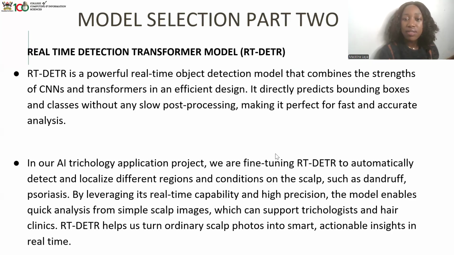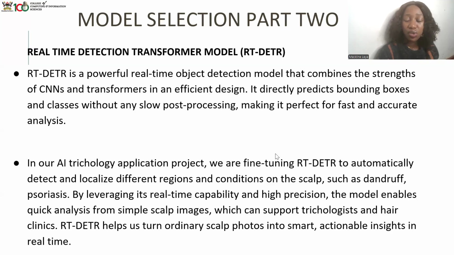It directly predicts the bounding boxes and classes without any slow post-processing. It doesn't need to go into processing and stuff; it directly predicts the results without the need of processing too much.